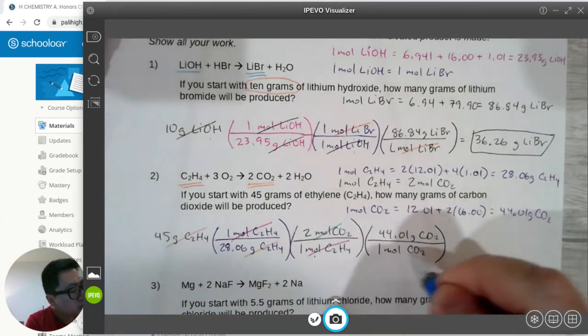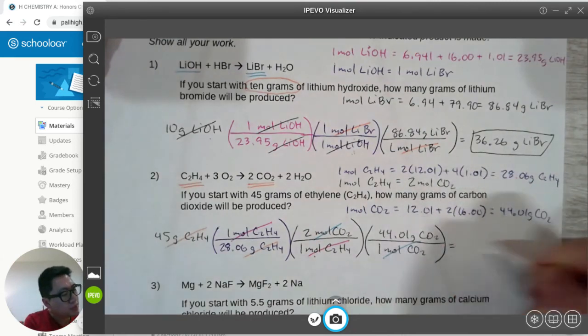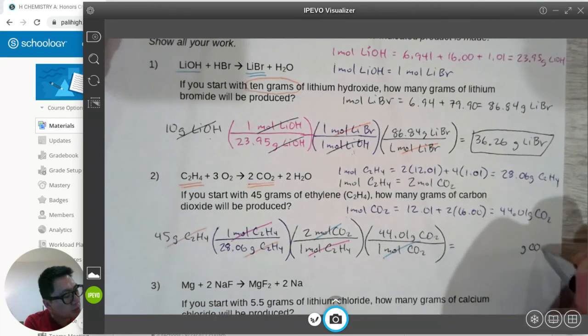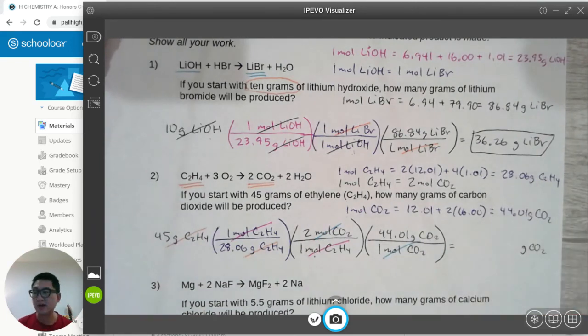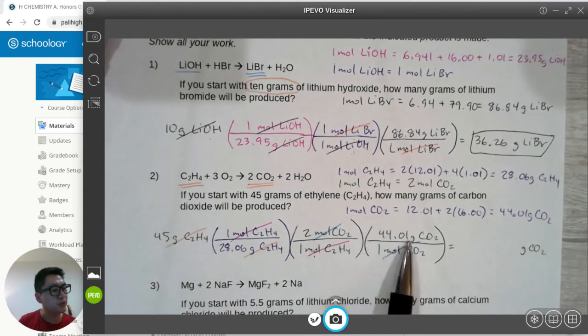Okay, moles of carbon dioxide cancel. Now I have grams of carbon dioxide. So the only unit that does not cancel out is grams of carbon dioxide, which is what I was trying to find. How much is it? It would be 45 times 2 times 44.01 divided by 28.06.